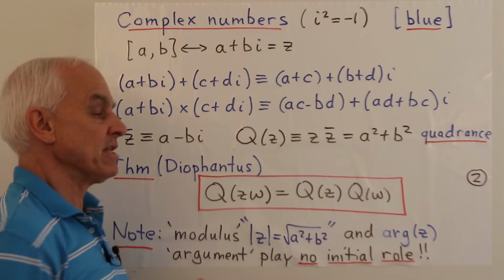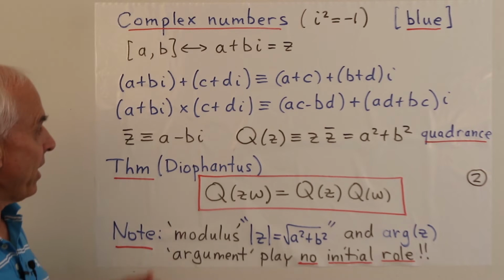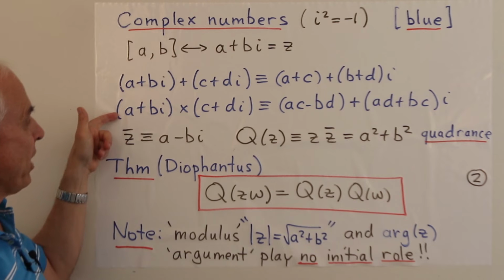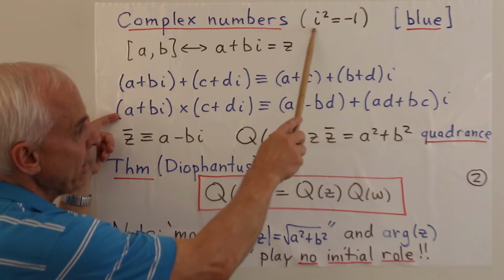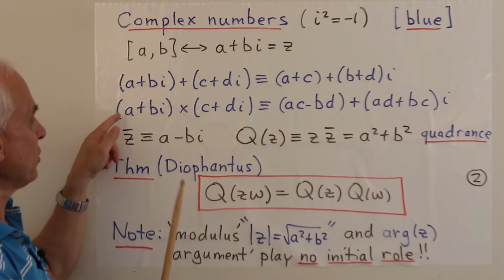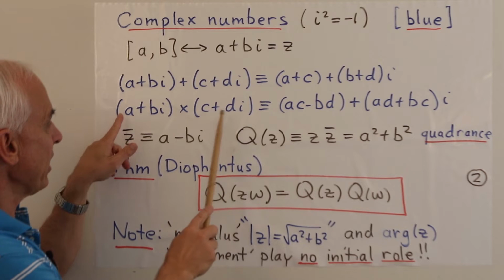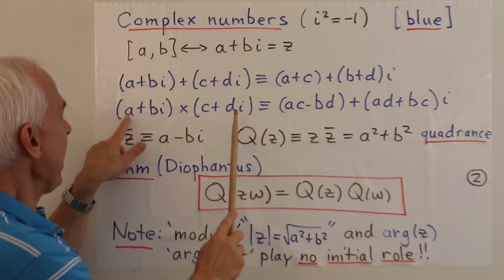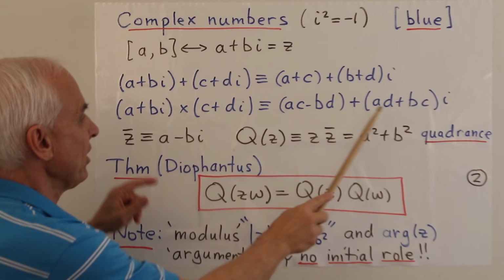And so that's typically a complex number z. The way you add them is component-wise like this, and the way you multiply them is essentially by using this rule, so that (a plus bi) times (c plus di) is ac minus bd plus (ad plus bc) times i.